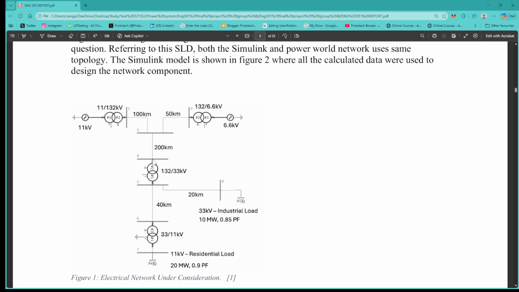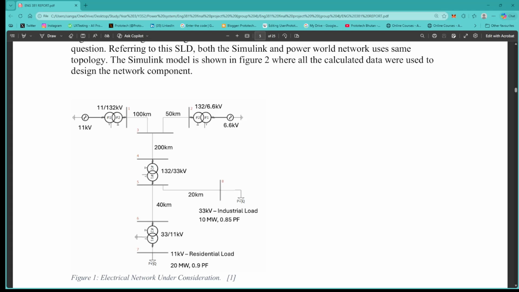Then it will transmit through the transmission line. At the distribution side, 132 kV voltage is stepped down to 33 kV and it feeds the industrial load. Further, for the residential load, there is one transformer which will step down from 33 to 11 kV and the residential load of 20 megawatt will be served.